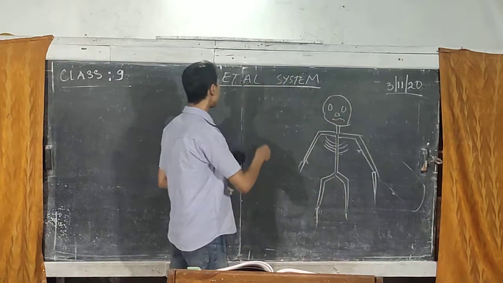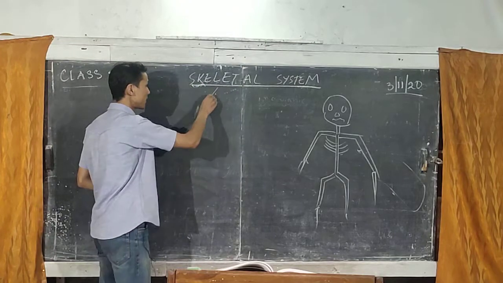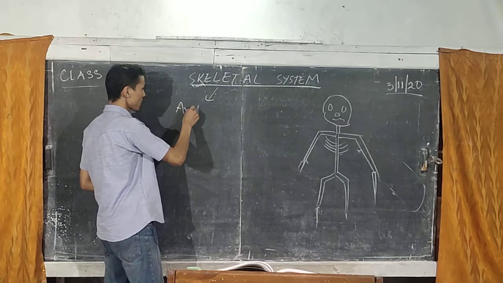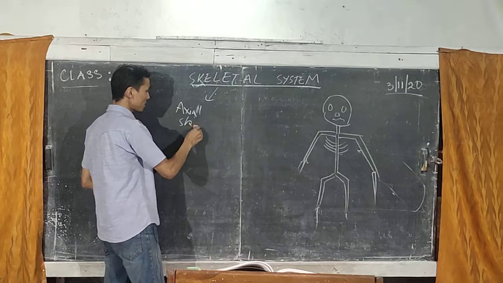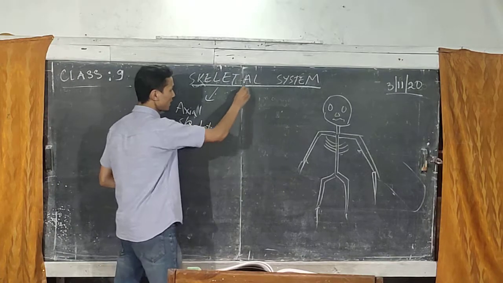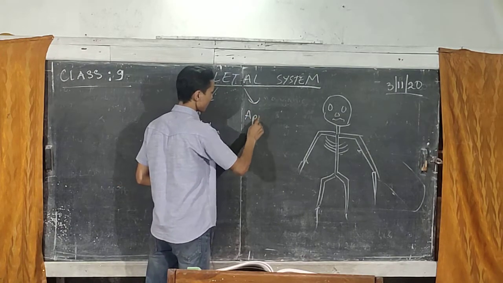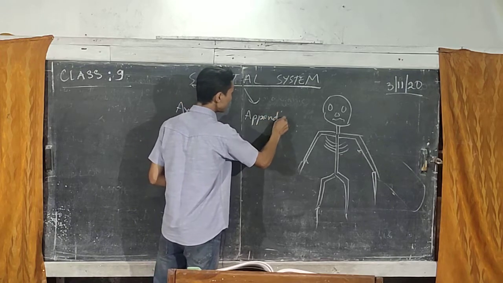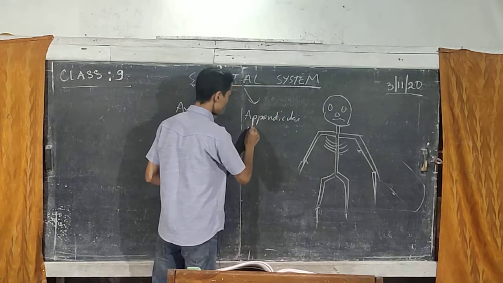So when we talk about the skeletal system, it can be divided into axial skeleton and appendicular skeleton.